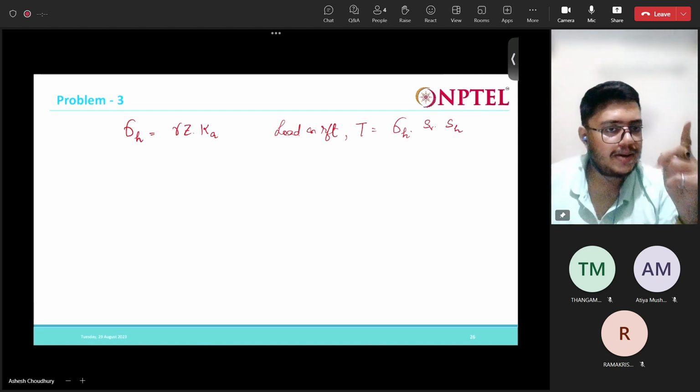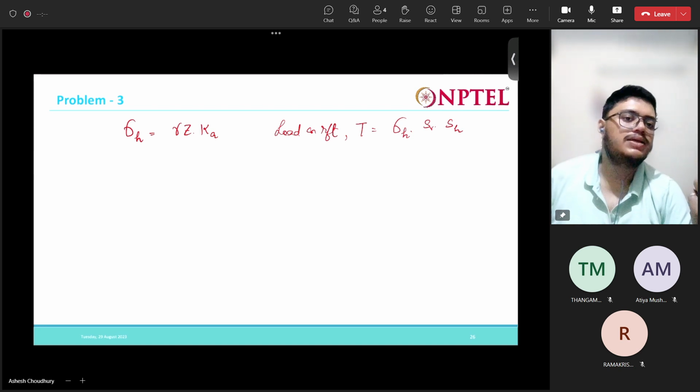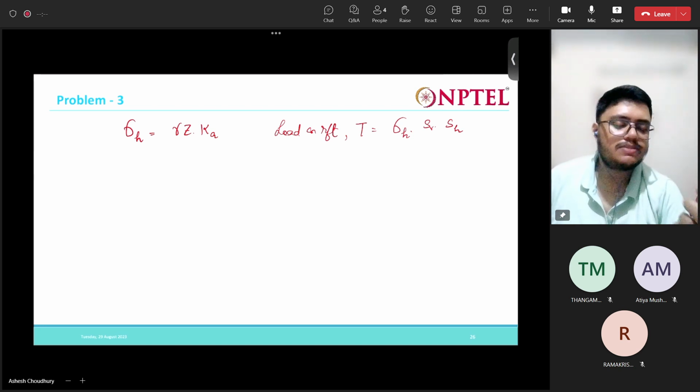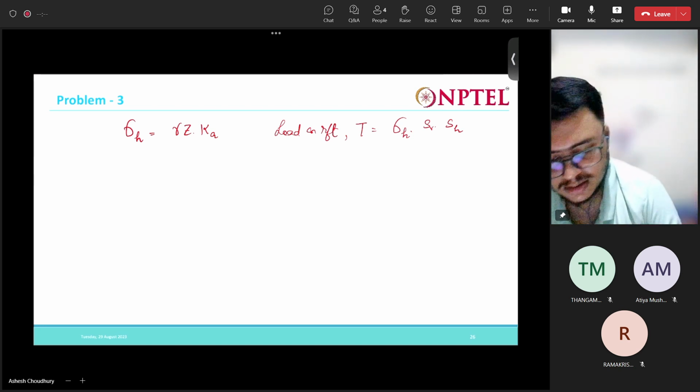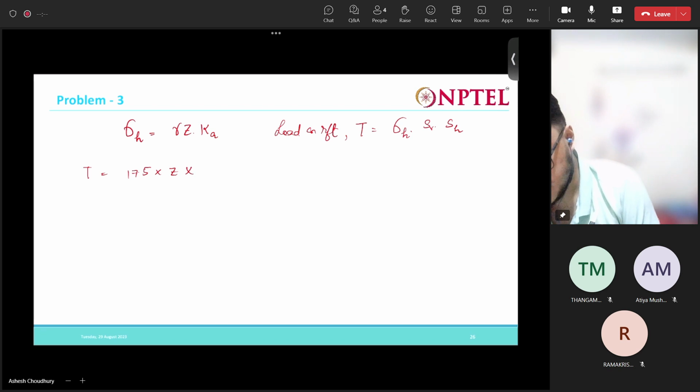Before, we were determining per meter, so SH was 1 meter. Here SH can vary, but in our problem SH is 1 meter only. In general, when you are using steel strips, SH can vary. So SV into SH. So T, what is Ka?